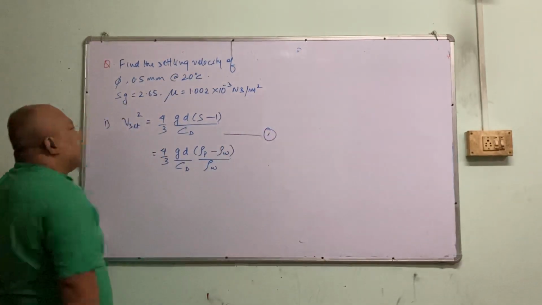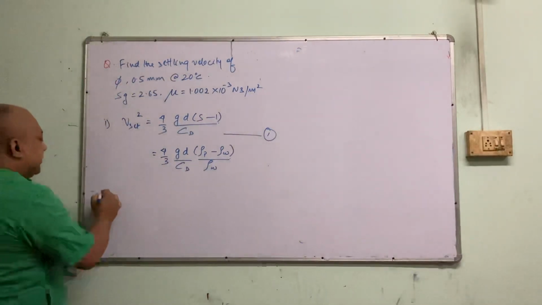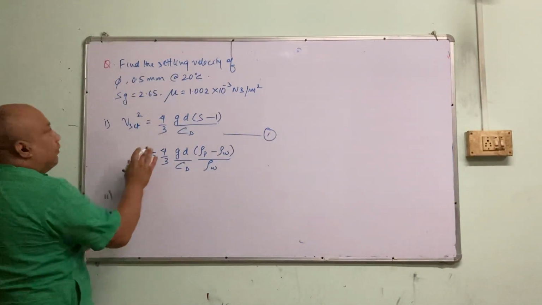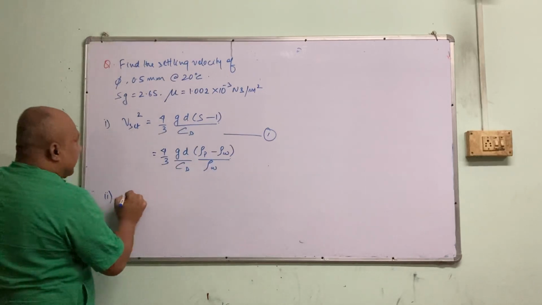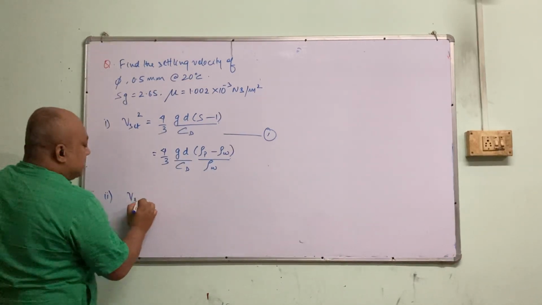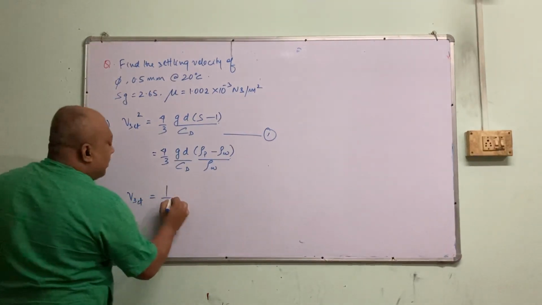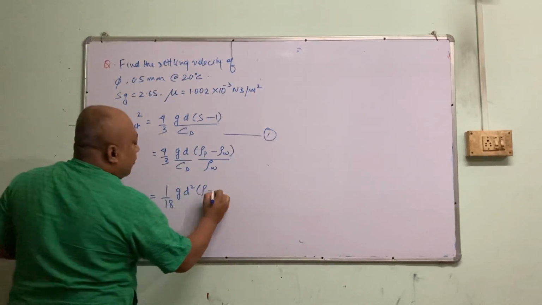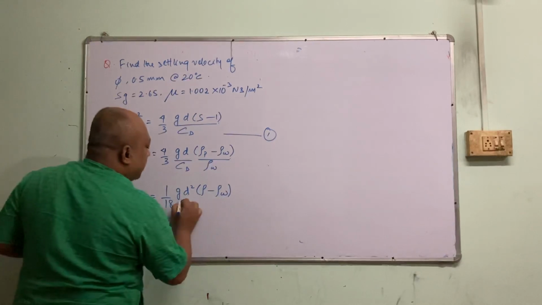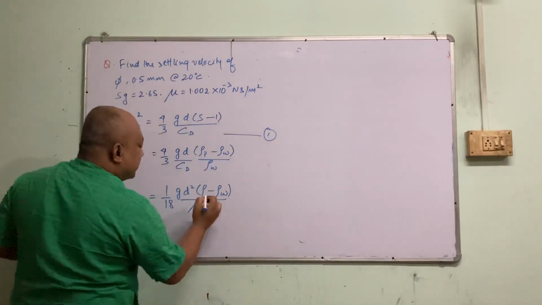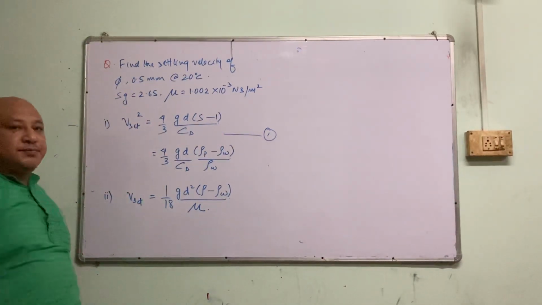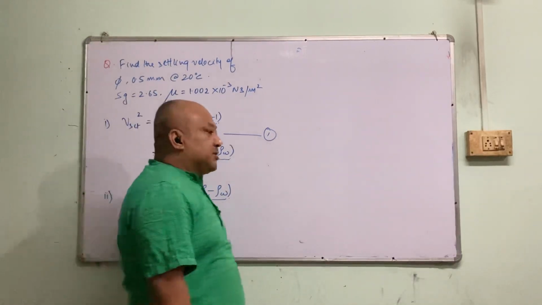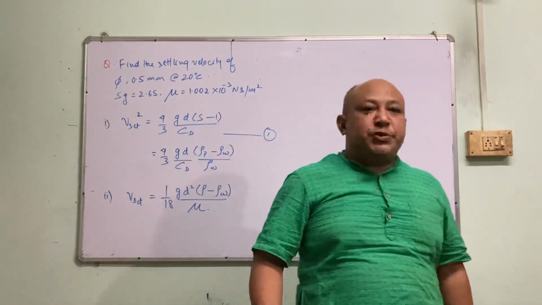Equation number 2: if the flow is laminar, then by Stokes law, settling velocity is 1 by 18 g d squared (rho S minus rho W) divided by dynamic viscosity. Correct?